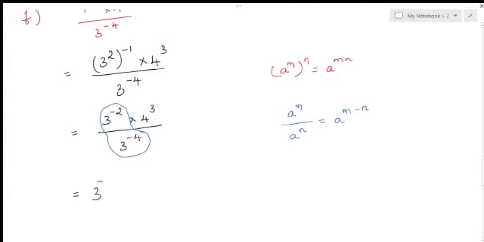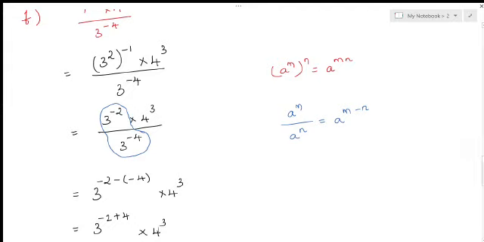So 3 power minus 2 minus of minus 4, into 4 cube. So this is equal to 3 power minus 2, minus into minus is plus 4, into 4 cube.